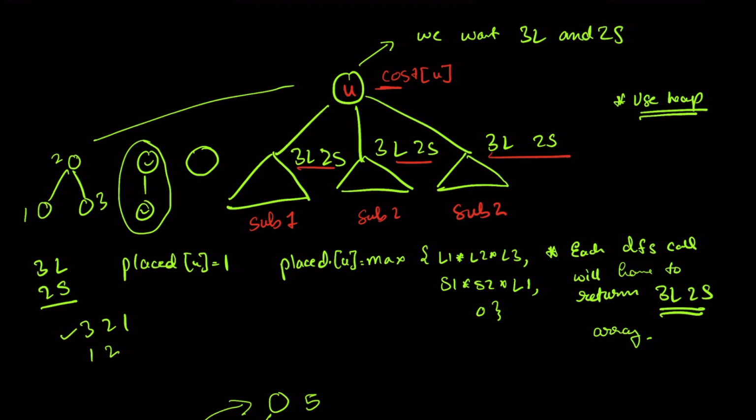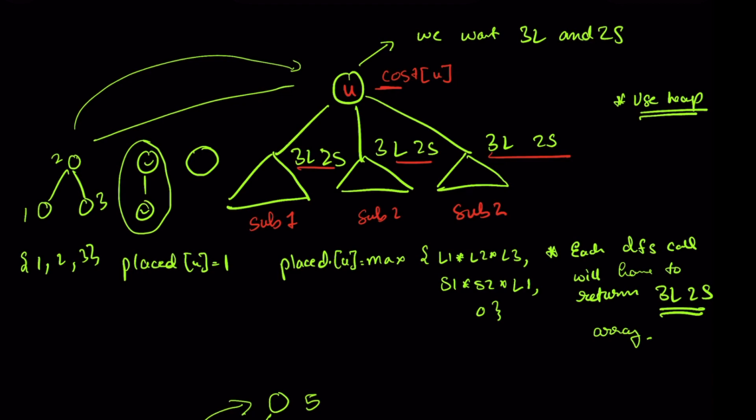Now you see that these 1 2 are common in both, and they are repeating. So when you return all the values in an array, there will be multiple entries for the same value. So instead of returning all the three largest and two smallest, you just return the three values, that is 1 2 and 3, to the current node, so that there is no repetition.